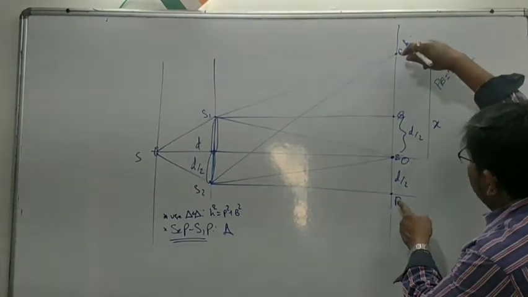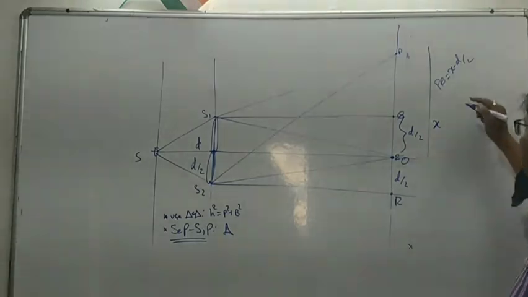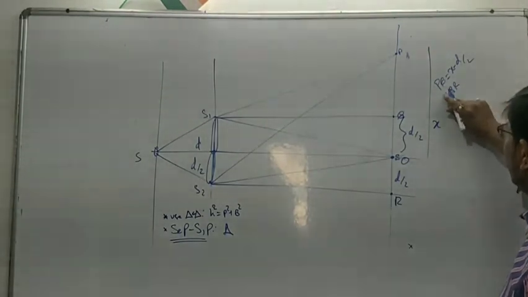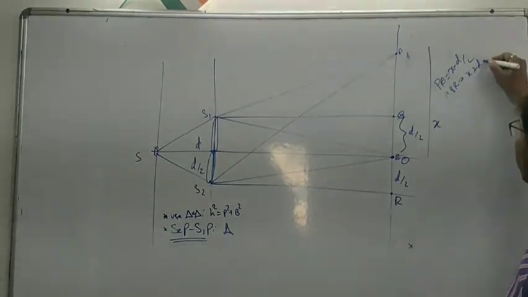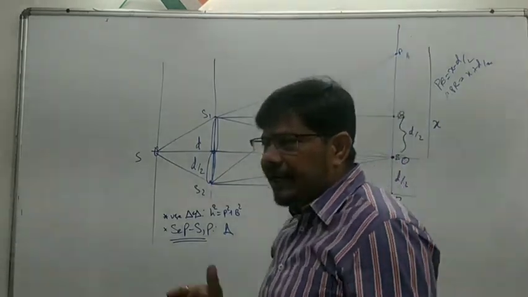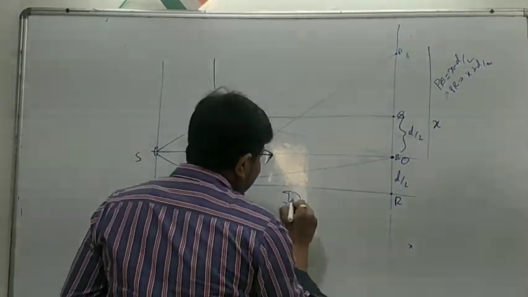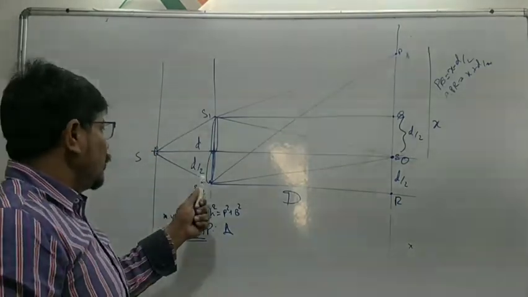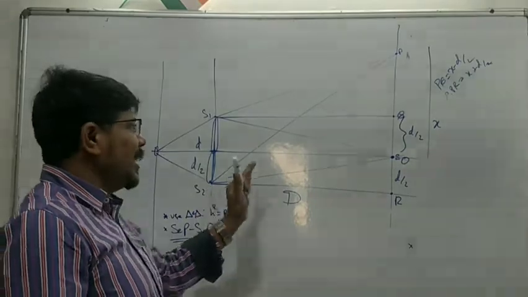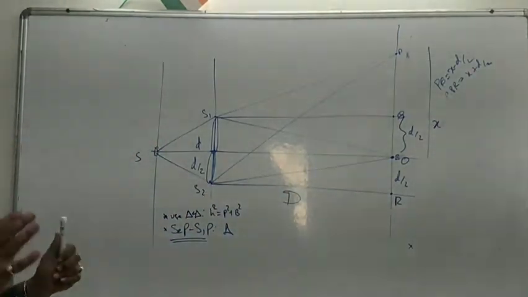But when you need this arm, you have to add, so RP or PR would be x plus d by 2. These two things you have to remember, and small d is the distance between the slits and capital D is the distance between the slits and the screen.